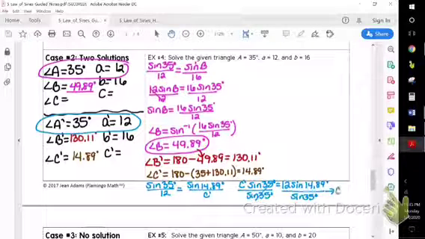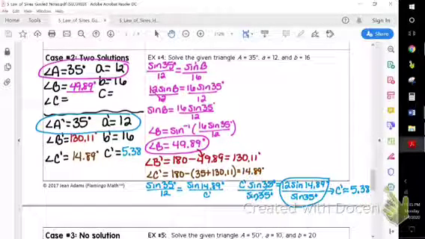And so we get C prime is approximately, and we're going to plug all of this into our calculator, and I got 5.38. Alright, so all my angles have degrees, my sides didn't have units, so I'm done with the second triangle, but I still have to complete the first triangle. So let's go back up and do that one.